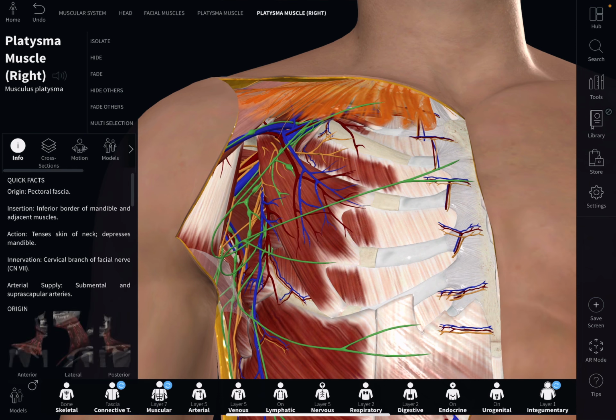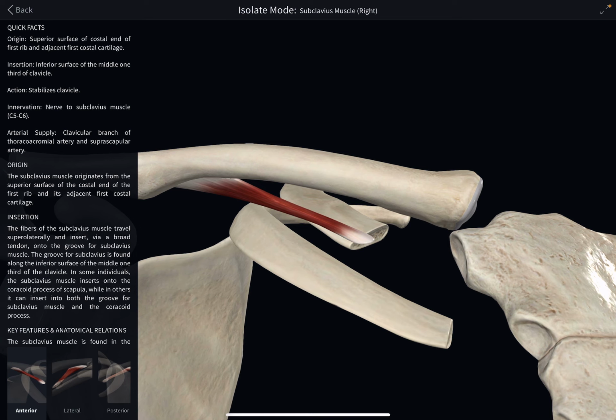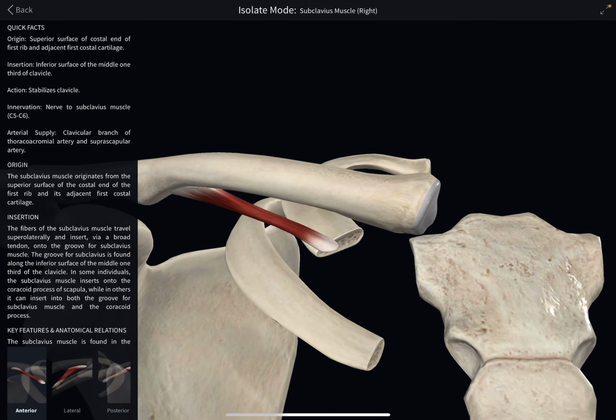this muscle lies deep to the platysma. So here is the subclavius muscle. Now what is the origin of the subclavius muscle? The subclavius takes origin from the first costochondral junction. That is where the first rib meets its costal cartilage.